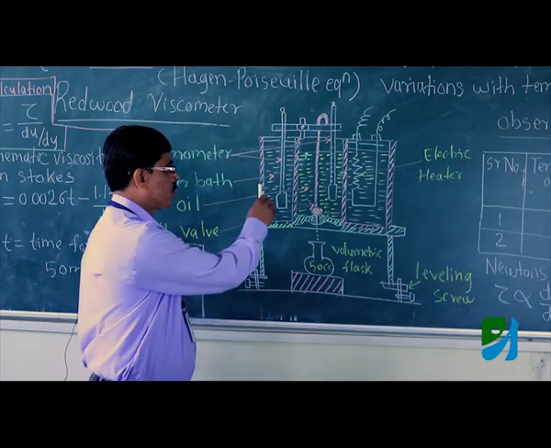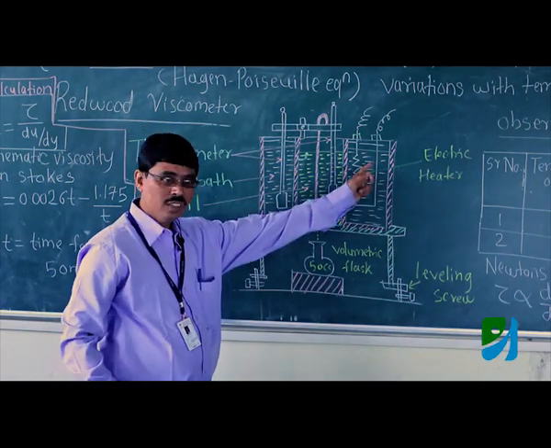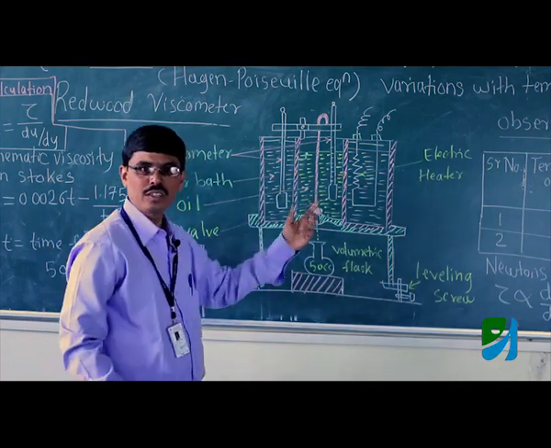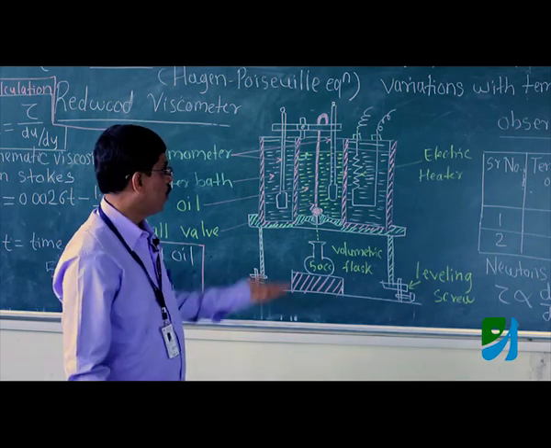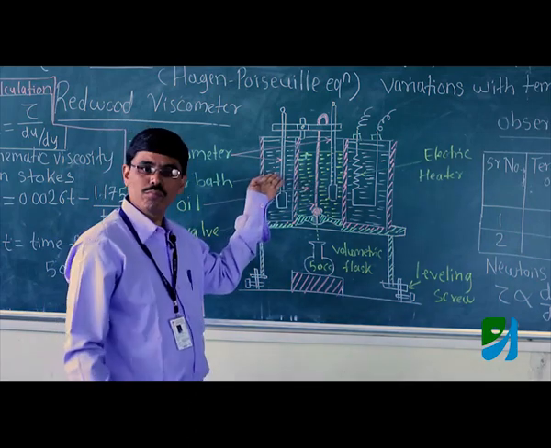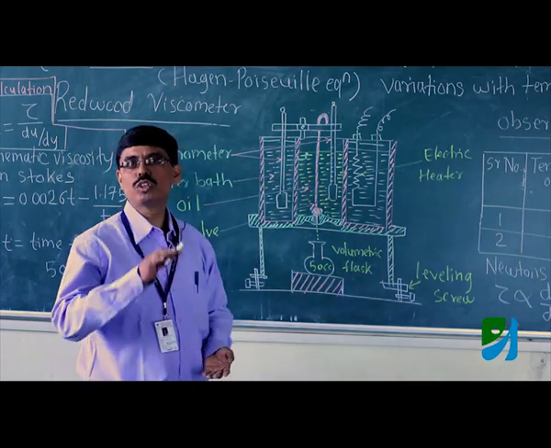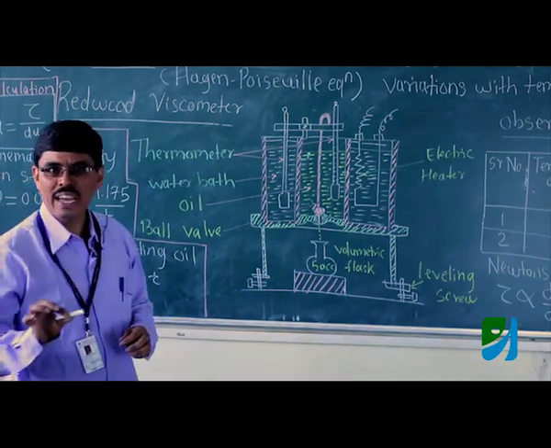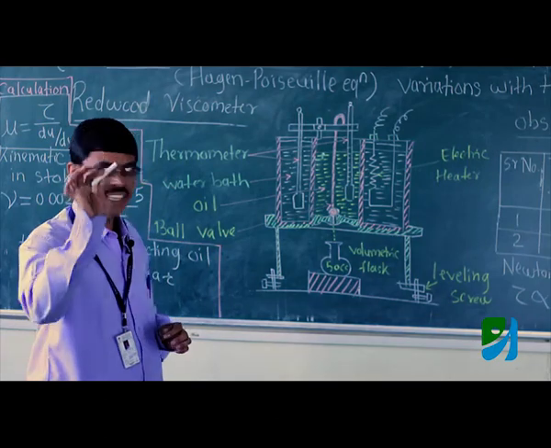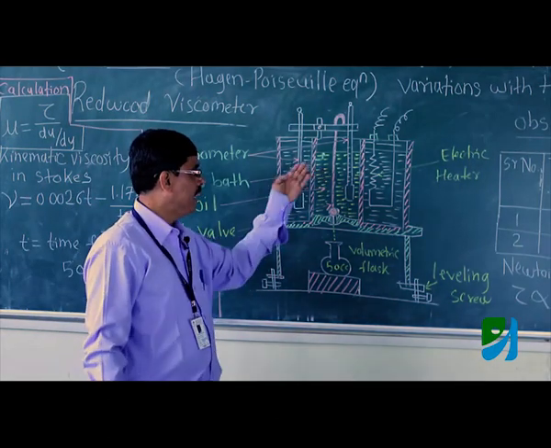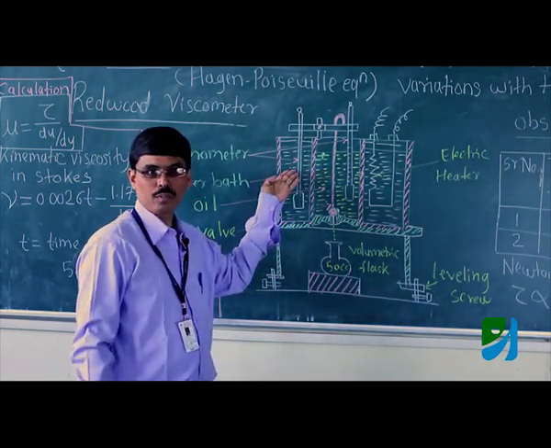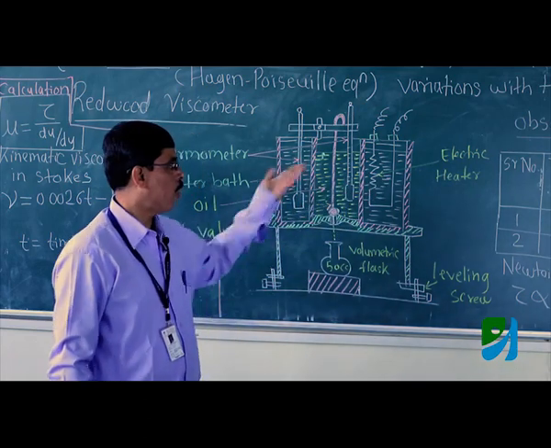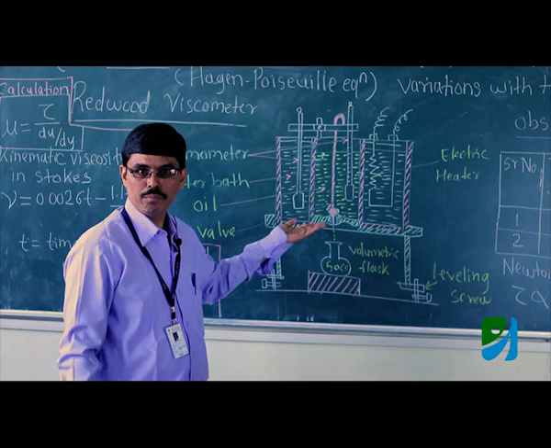Then you have to start the heater, and after starting the heater, stir the water bath continuously till the oil temperature and the water bath temperature come to the steady state. Let us say you would like to take the viscosity of an oil at 80 degrees Celsius. So at 80 degrees Celsius you will maintain the oil and the water bath. Slowly, gently you will heat the oil along with the water.